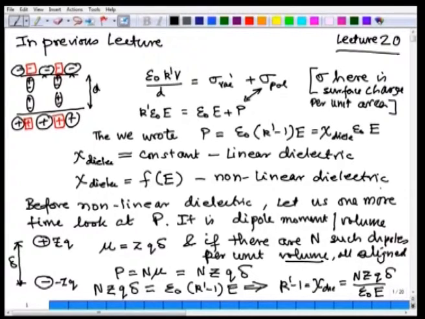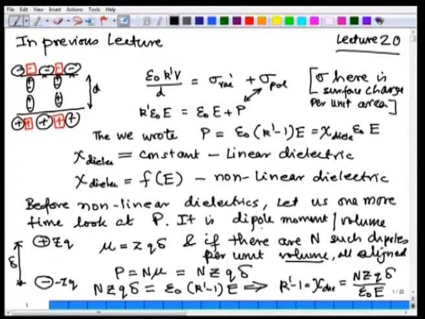However, before I start, I would like to do a little bit more continuing from the past. Before we discuss non-linear dielectrics, let us one more time look at this quantity polarization. It can also be defined as dipole moment per unit volume, where mu is the dipole moment which I had already defined last time.